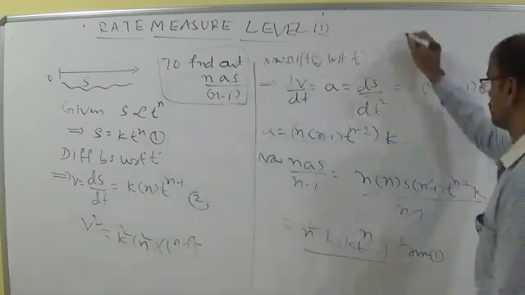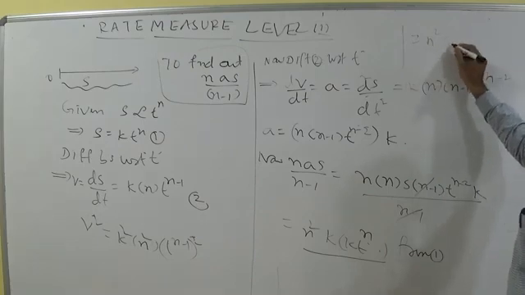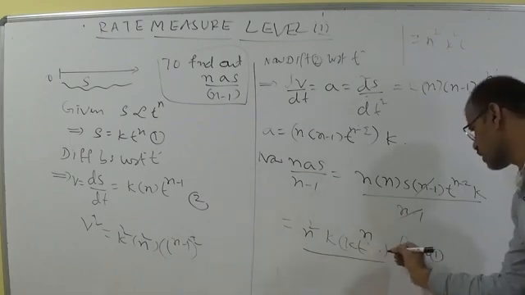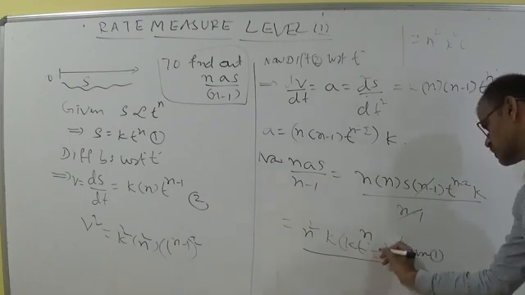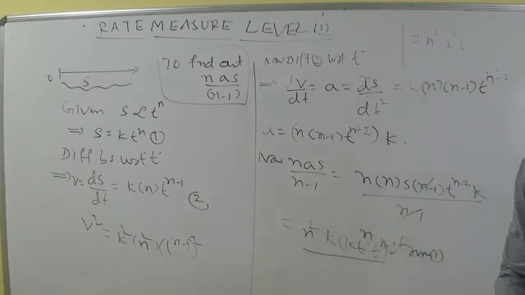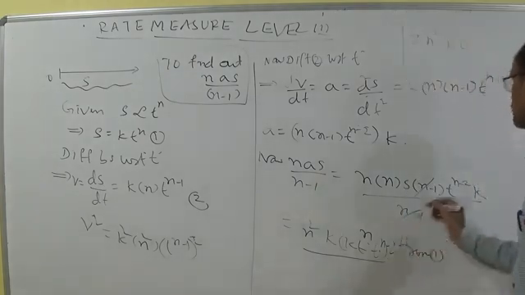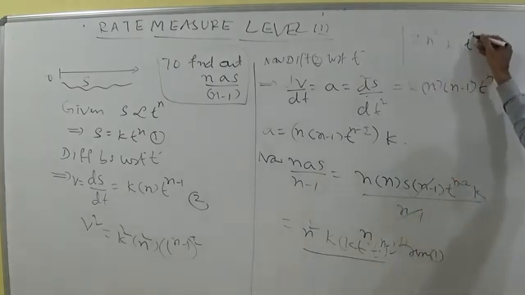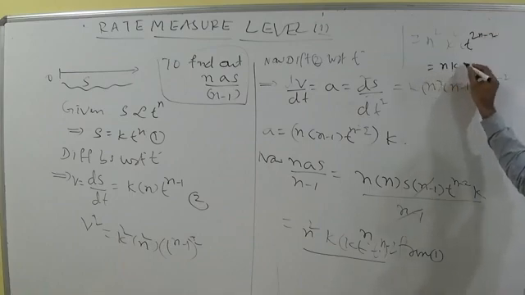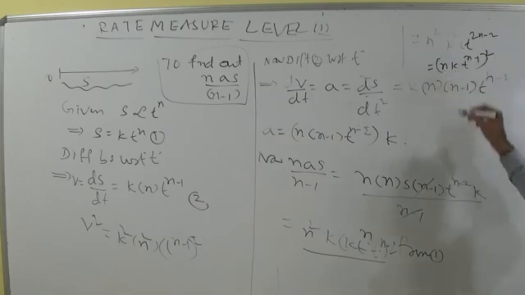So this is equal to n square into k square into t power n, into t power n minus 2, which is already here. We can understand t power n into t power n minus 2 as t power 2n minus 2. So this can be understood as n k t power n minus 1, whole square.